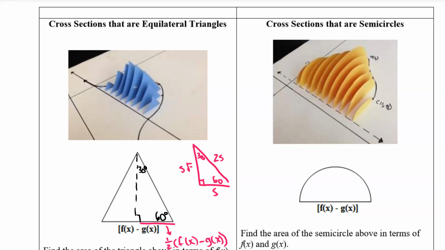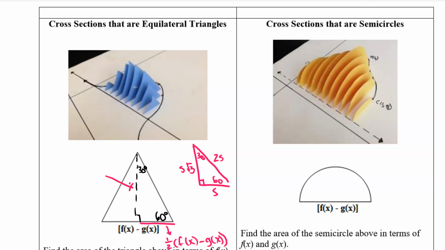The relationship is like this: if our side across from the 30 is 2, then the side across from the 60 would be 2 radical 3. So the side across from the 30 here is half of the difference between the curves.